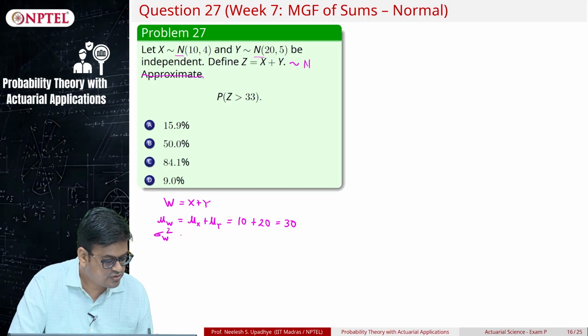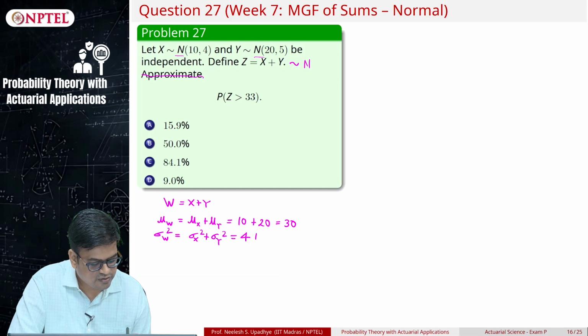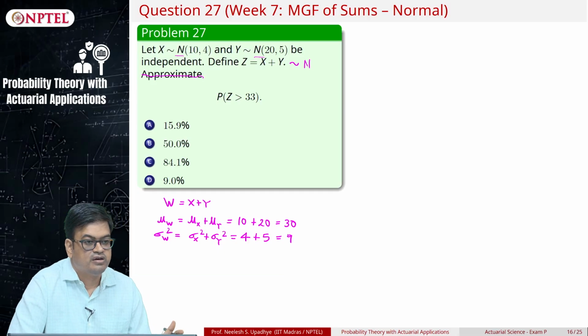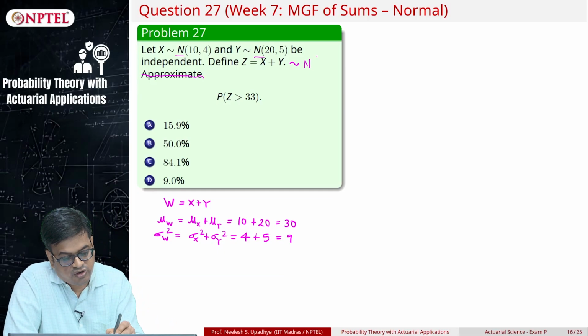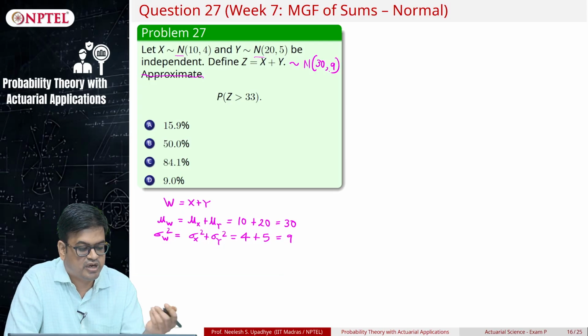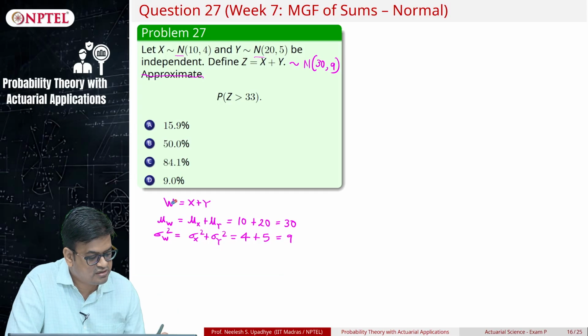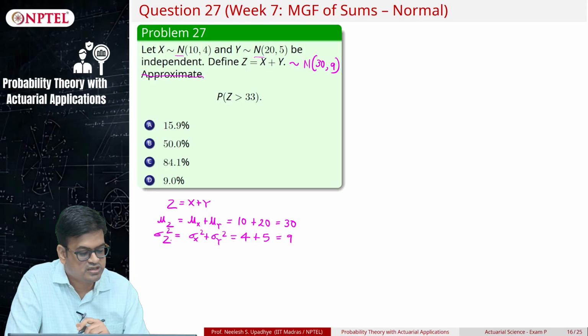Sigma w squared will be equal to, because they are independent, sigma x squared plus sigma y squared. One is 4, one is 5. So, together it is going to be 9, right. So, I have normal with mean 30, which is my z. Okay, here it is z. So, I will replace this with z.